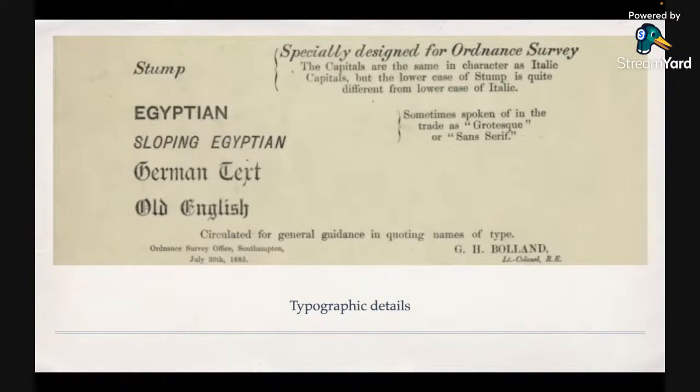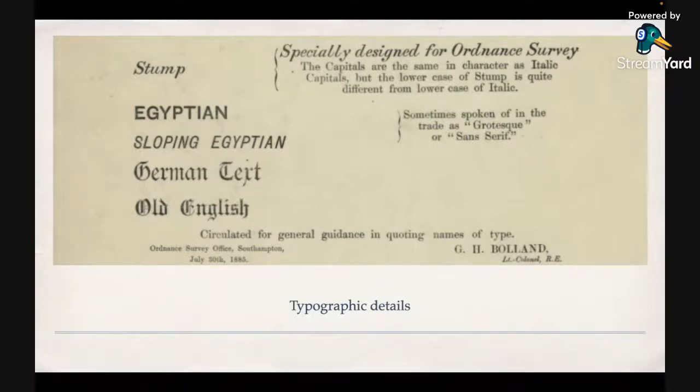And if it were me, I would have made German text and Old English a little bit more distinct from each other. But we're not here to criticize; we are here to say that this is actually a brilliant visual code that enables us, at a glance, to see, for example, the history of a place. What are the antiquities? What is the legacy of the place?